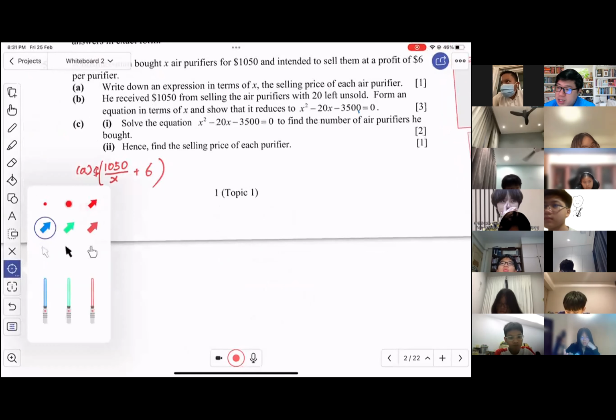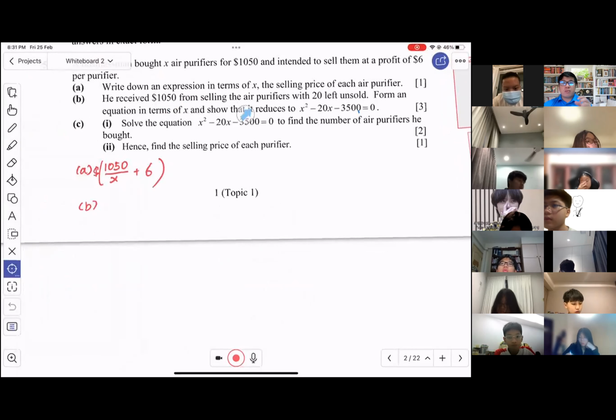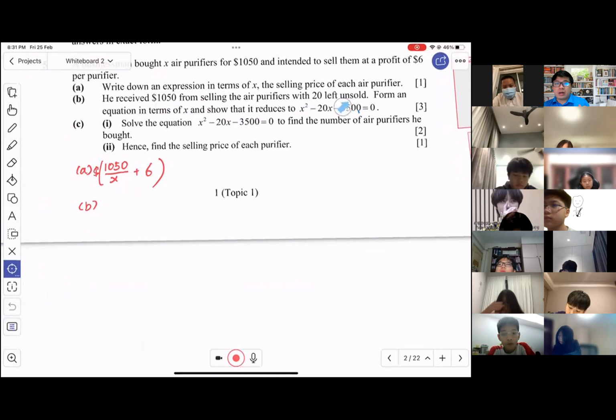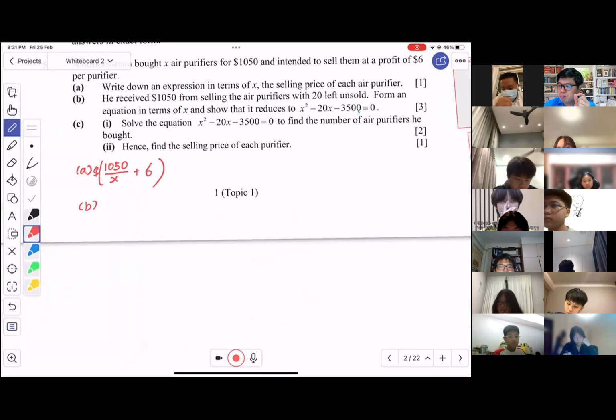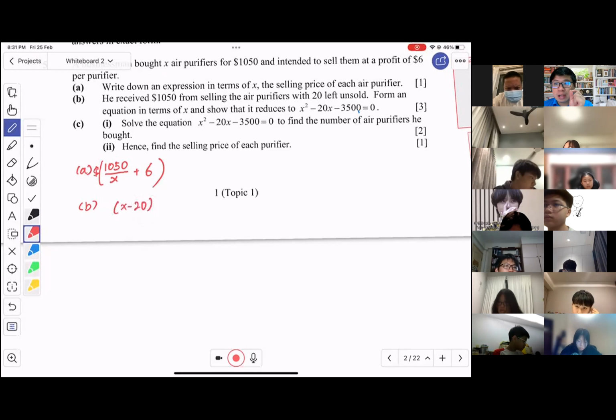5B: I received $1050 from selling the air purifiers with 20 left unsold. Okay, 20 left unsold. It means that at the start, I bought X air purifiers. I only managed to sell X minus 20 because I got 20 left unsold.